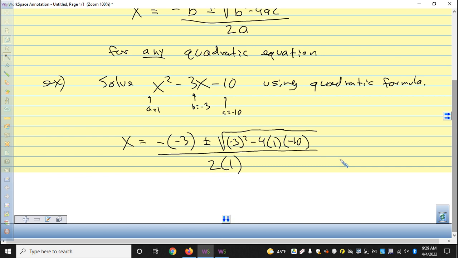Now what I'm going to do is calculate the stuff on the top first and divide by 2 at the very end.